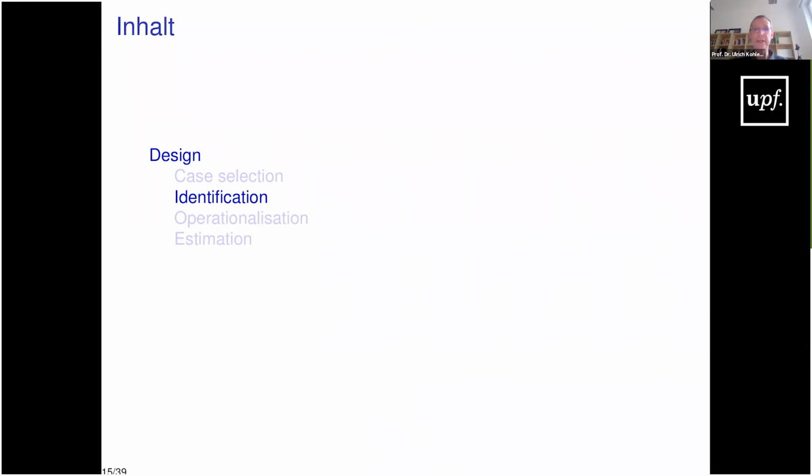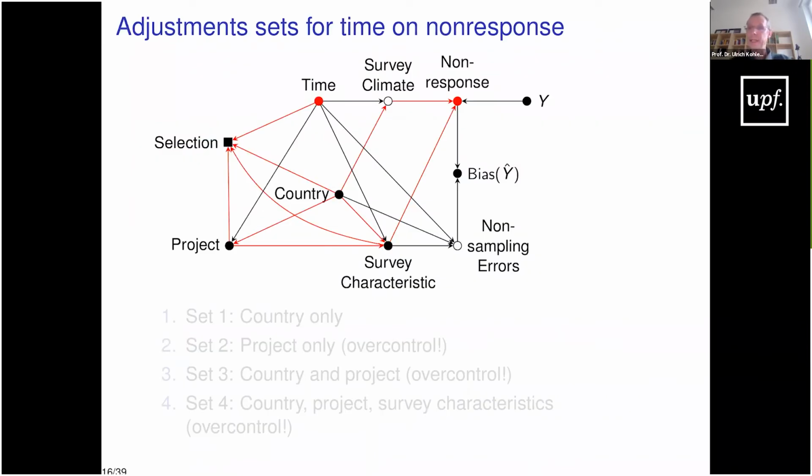So from that, we go to the identification of the causal effects. What you see here in red are all the paths, all the arrows that contribute to a biasing effect for the total effect of time on non-response.